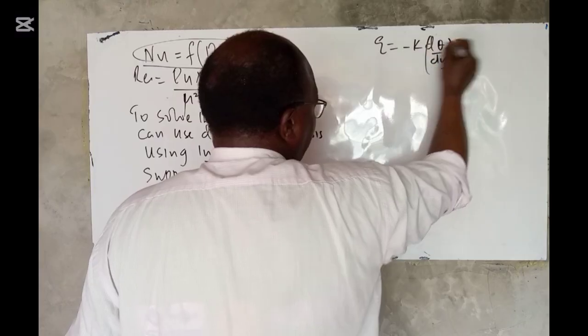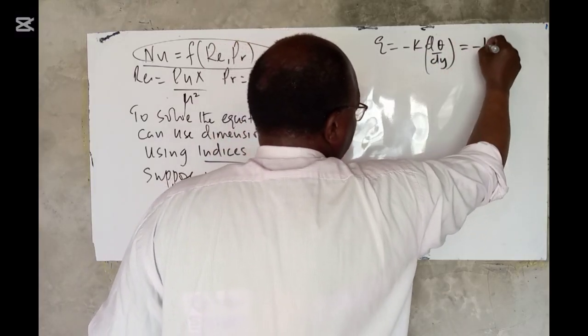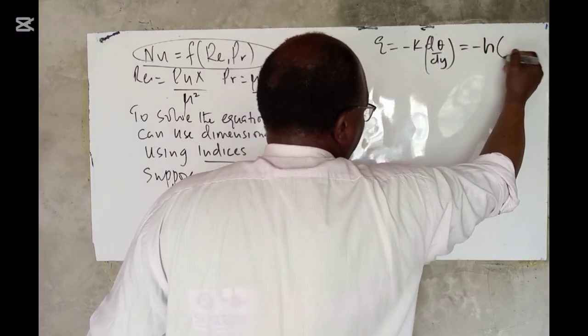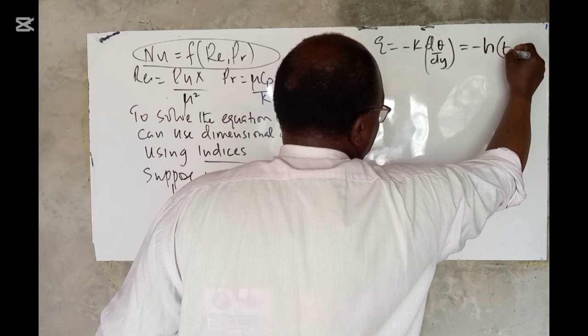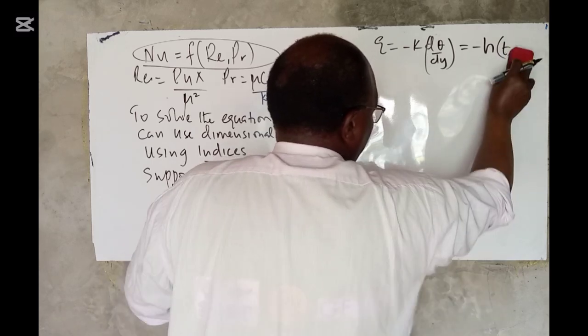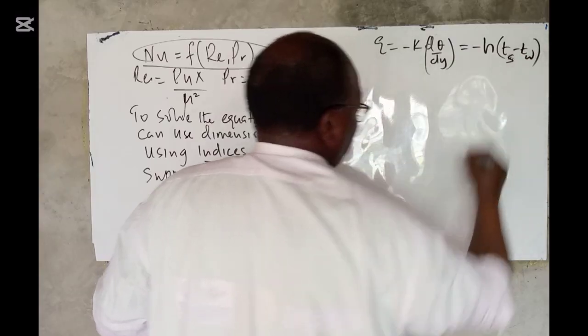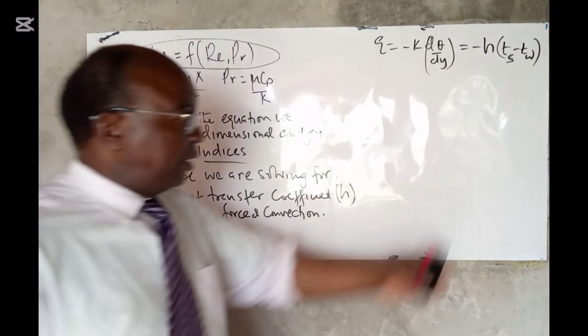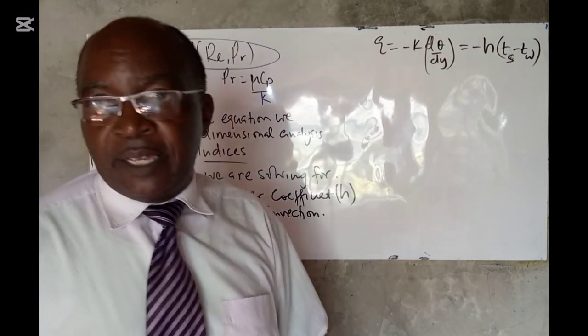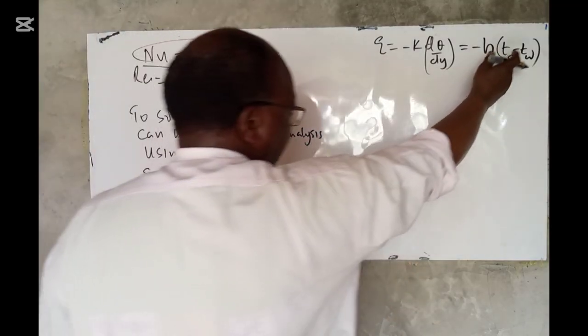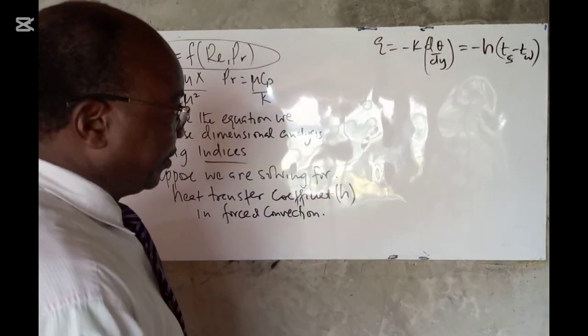But also we had said that this quantity is the same as the heat transfer coefficient times the temperature difference, where the temperatures are the wall temperature and the temperature of the free stream.